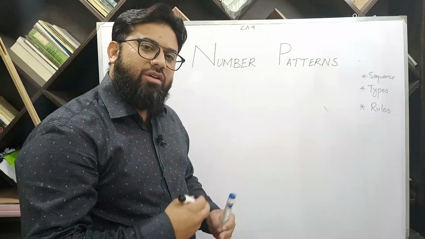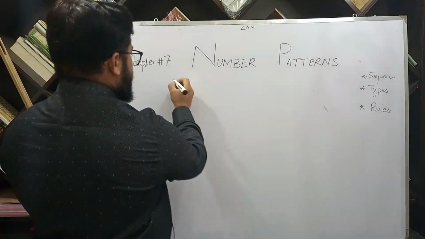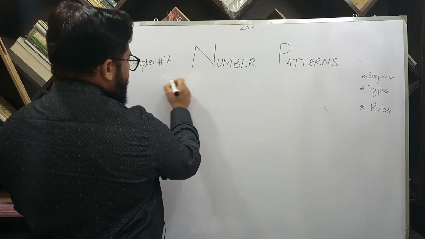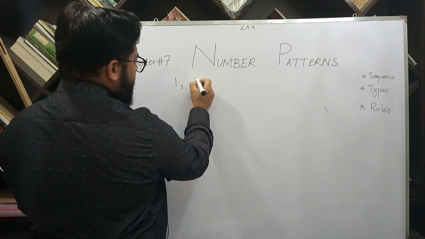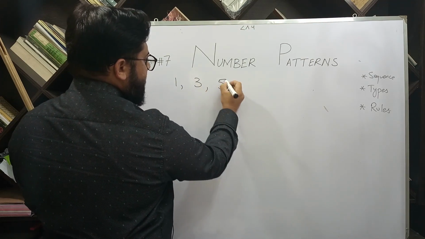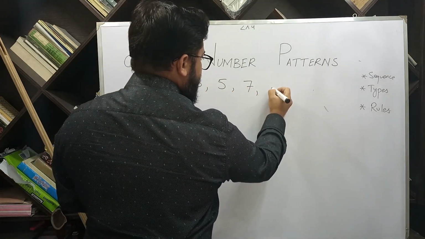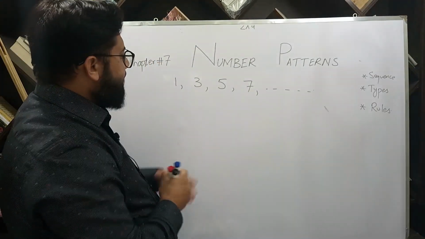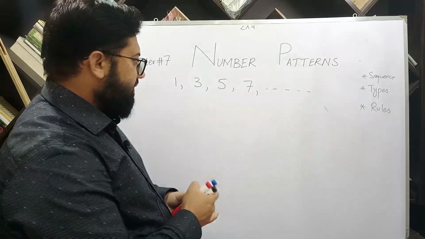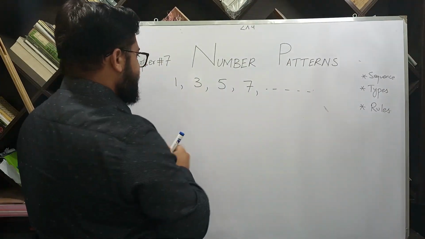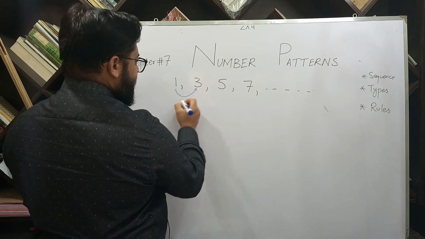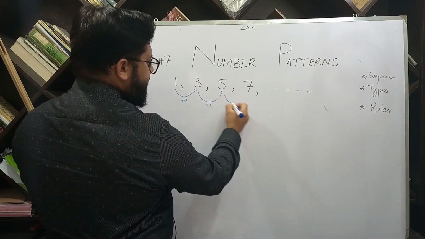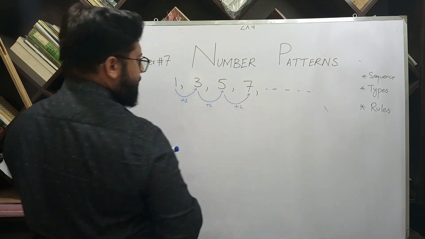Now we will learn how to write down the rule. For example, if I have a sequence like 1, 3, 5, 7 and onwards. First I'll check what type of sequence this is. This is an increasing sequence which is governed by addition. Plus 2, again plus 2, again plus 2.